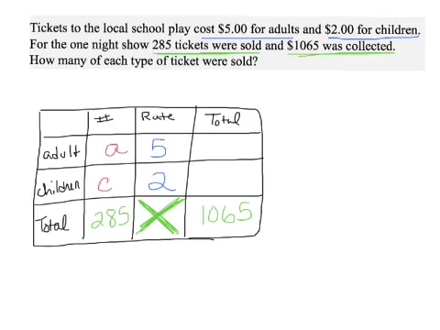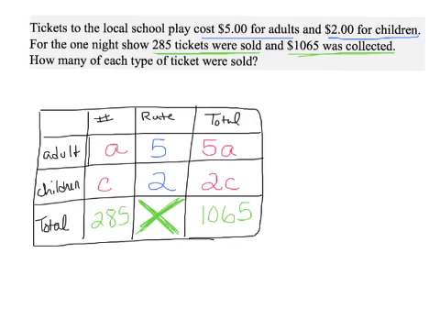In a case like this, I usually pick a letter that's going to remind me what it stands for. The total for the adult tickets is going to be 5 times the number of adults. So if there's 20 adults, I make $100 off of adult tickets. Similarly, the total for children's tickets will be 2C.